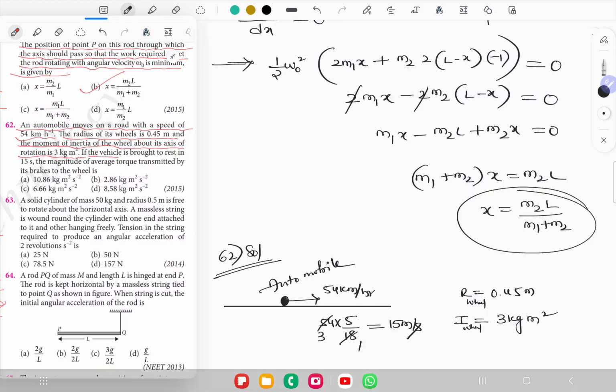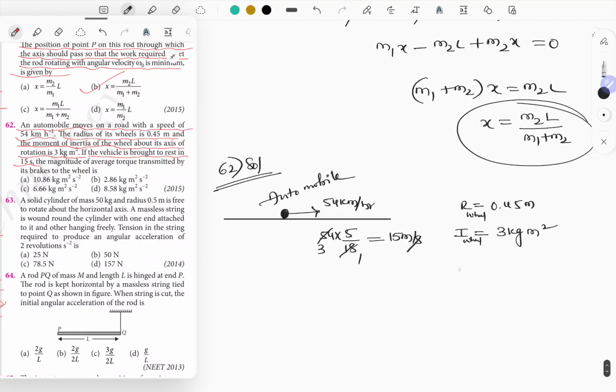If the vehicle is brought to rest in 15 seconds, brought to rest in the sense the final angular velocity is equal to 0, in how many seconds? In t is equal to 15 seconds.